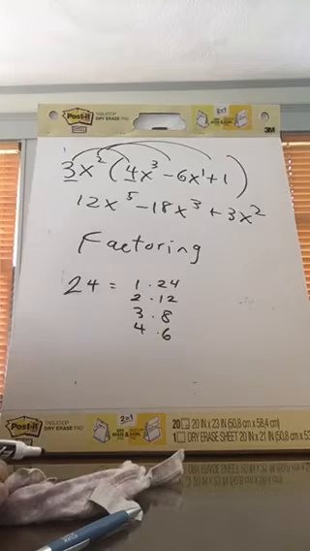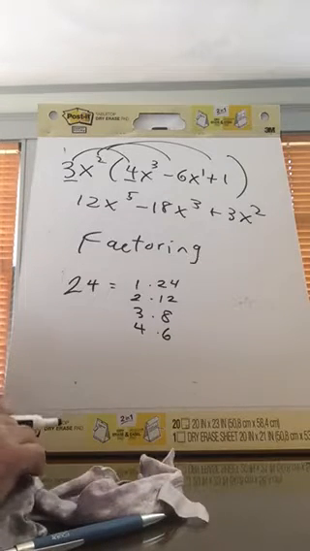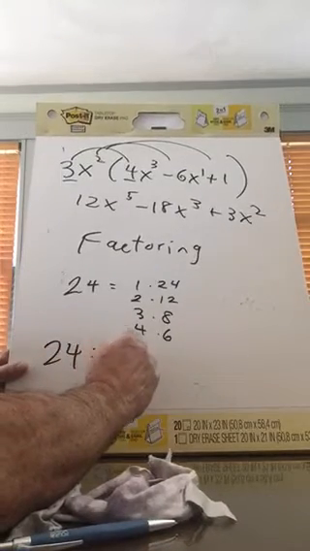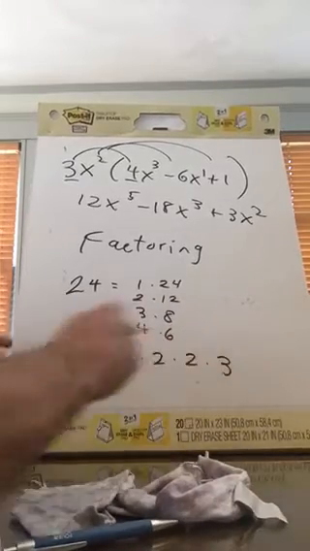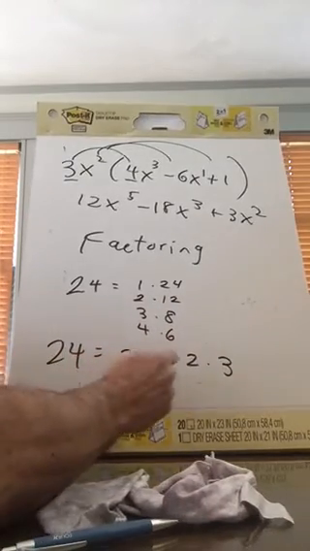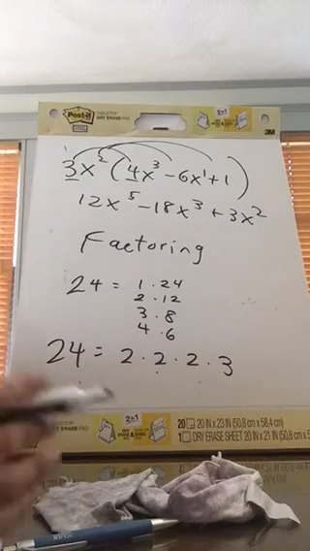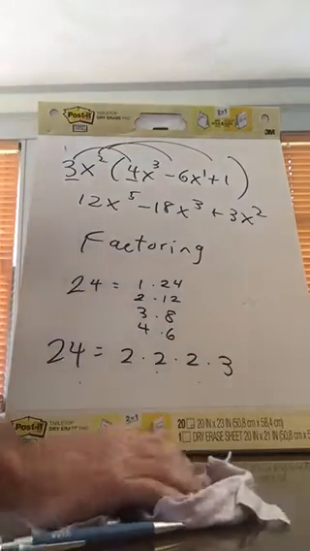All those combinations multiply to 24. Sometimes we'll say break it down into its prime factors. So 24 will equal 2 times 2 times 2 times 3. Those are all prime numbers. So that's factoring. You're probably already familiar with that. We're going to factor these polynomial expressions.